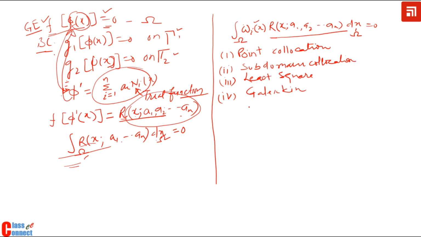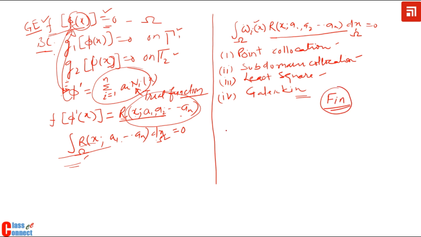We will not be discussing point collocation, subdomain collocation and least square in this lecture. We will only focus on the Galerkin method, and that too directly in context with the finite element method, and the application will be on fin.